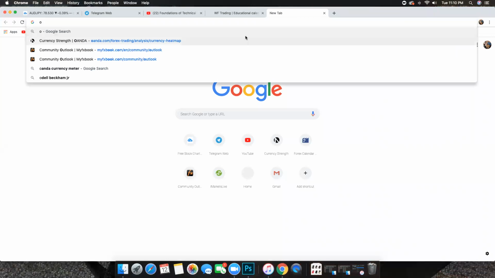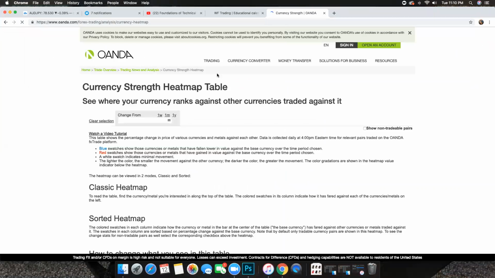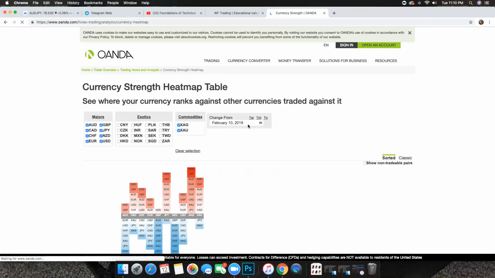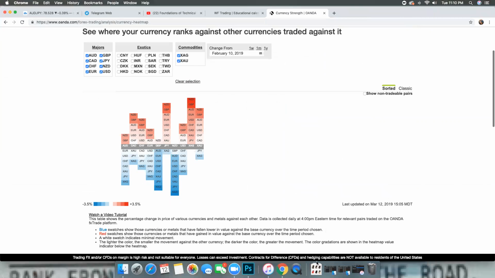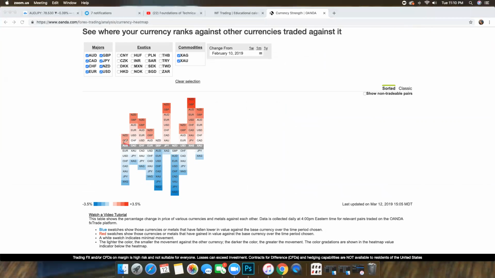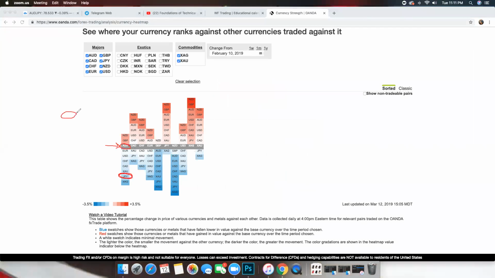If we look at something like the currency heat map, excuse me, we can see that if we check out AUD right here, this is way stronger than JPY. So whatever AUD does is what's going to affect AJ itself.